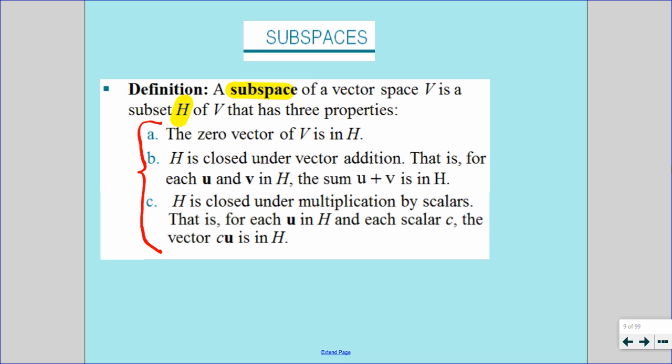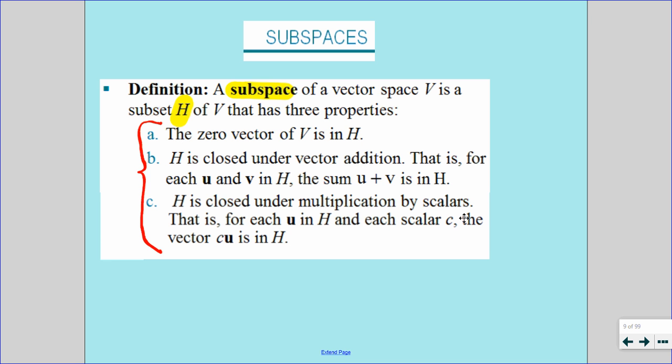What you're going to look at is: is the 0 vector included? Is it closed under vector addition? And is it closed under the multiplication of scalars? And if those 3 things are true, you have defined whether H is a subspace of V.